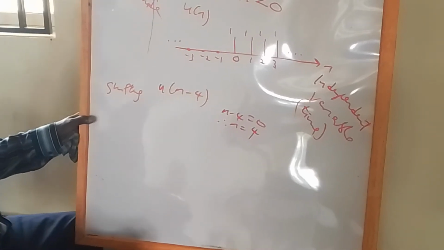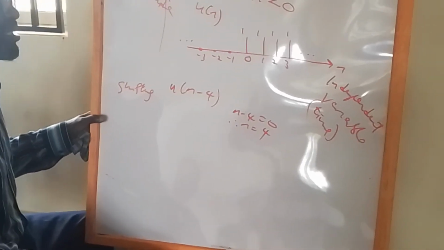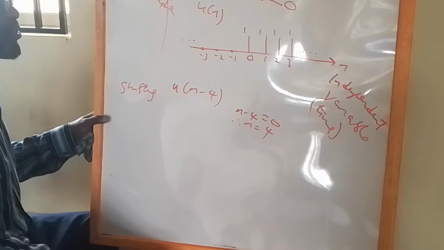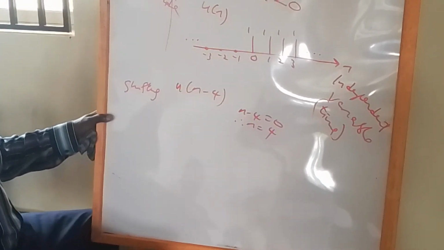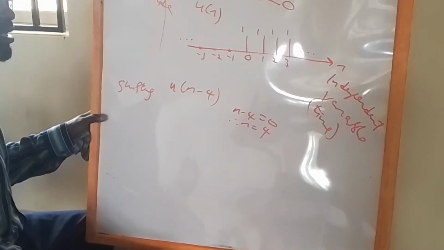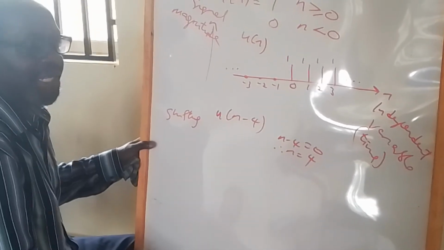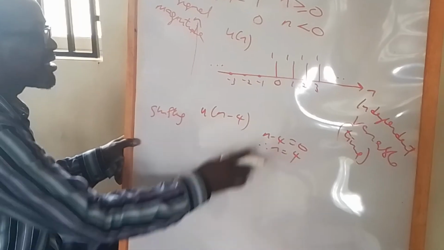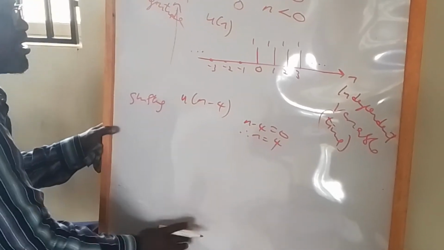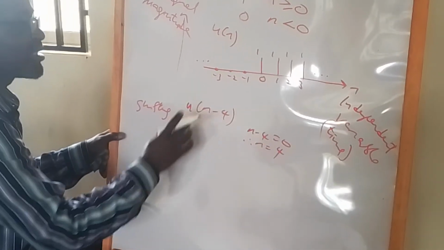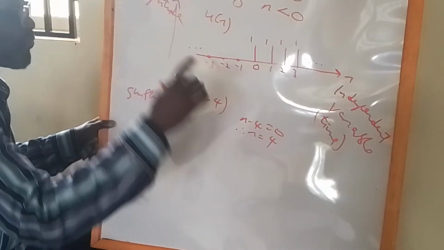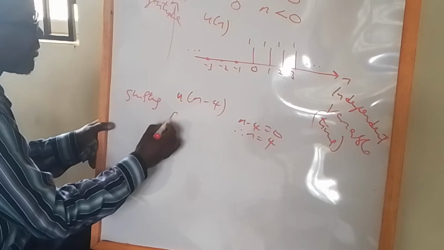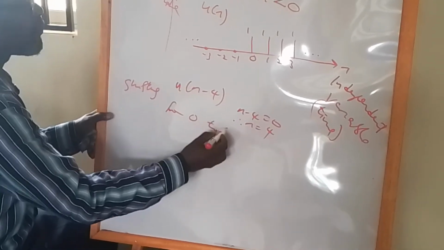This does not mean that n is 4. What it means is that whatever used to be at 0 before, shift it to 4. Like one of you asked me last week, does it mean that n is 4 permanently? No. This is not saying that n is equal to 4. This is saying that the signal should shift 4 to the right, from 0 to 4.